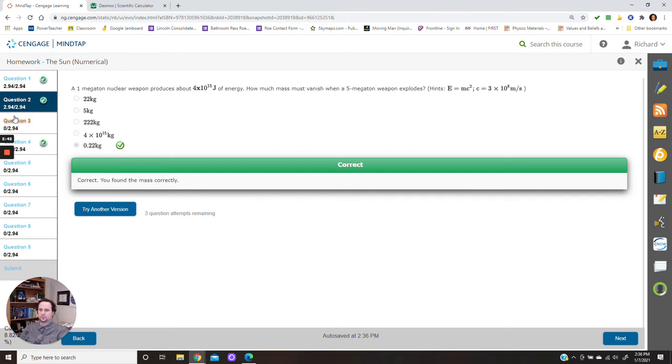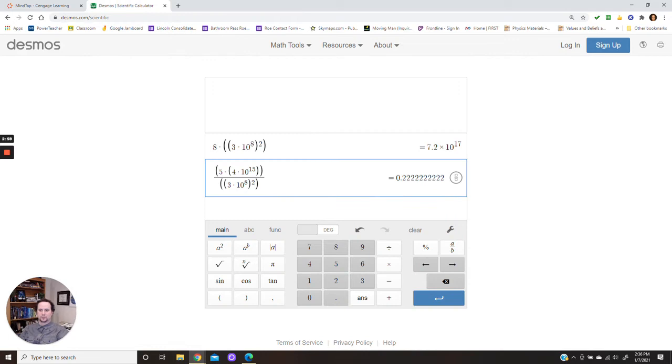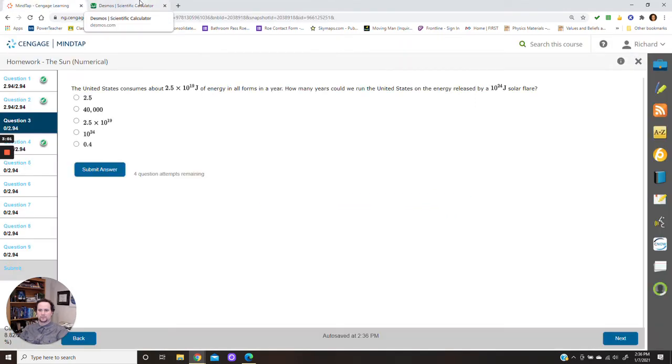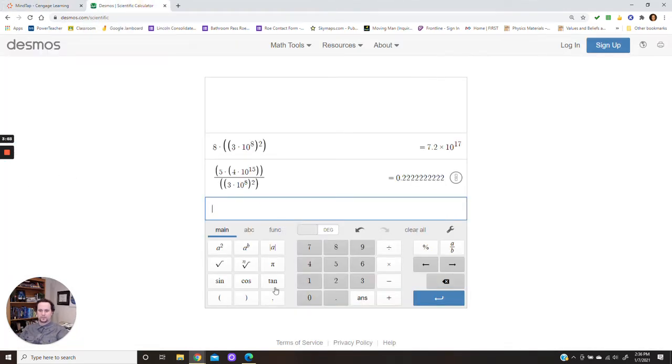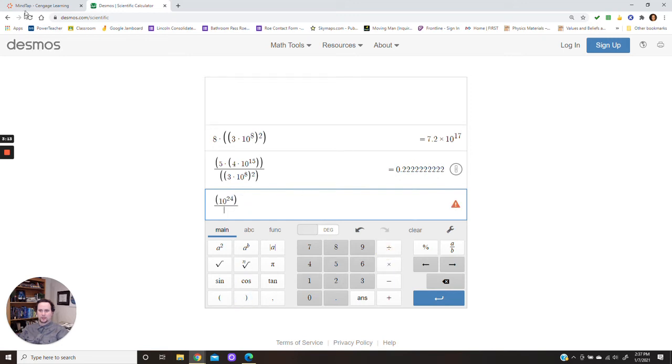This is why nuclear power is so powerful. All right, next question. The United States consumes about this much energy all year. How many years could we run the United States on energy released by a solar flare? So take the solar flare divided by the energy, and that'll be how many years. The solar flare was 10 to the 24th, divided by 2.5 times 10 to the 19th.